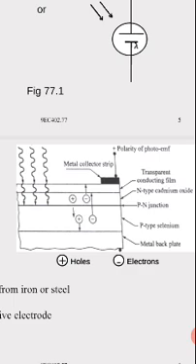The positive represents hole, negative represents electrons.